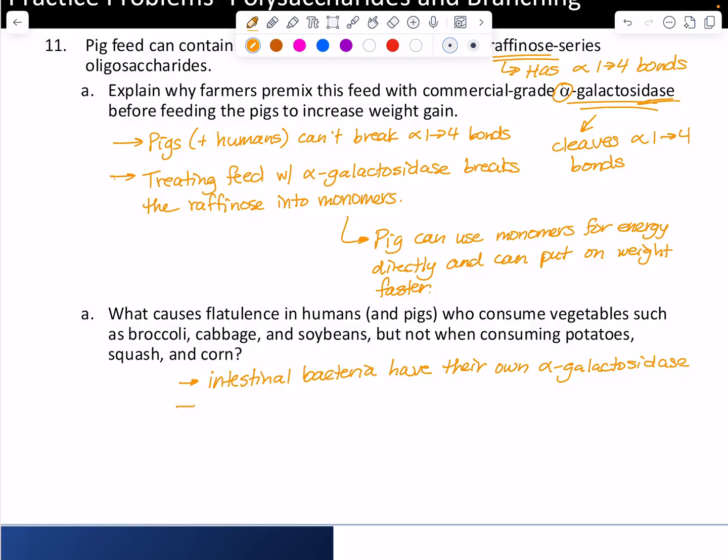And so the products of bacterial, let's call it fermentation in your gut, are things like hydrogen and methane gas. Gases like hydrogen and methane. And so that's the thing that produces the flatulence when you consume those materials.